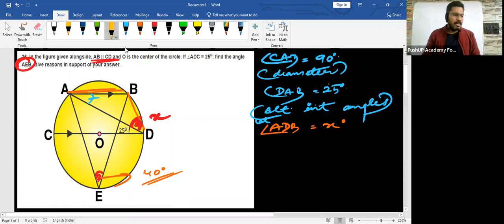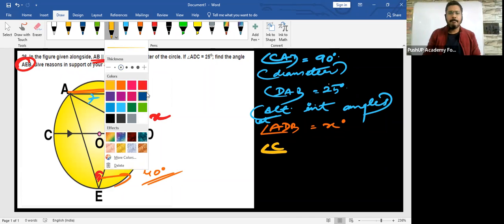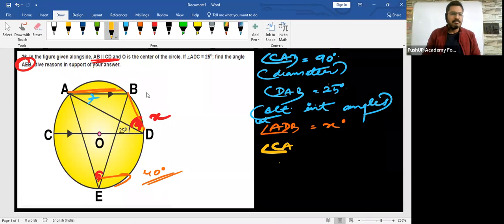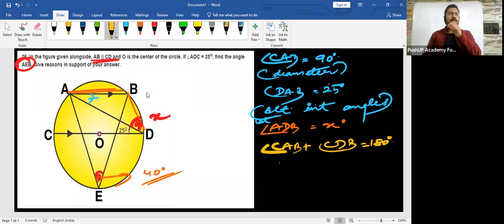Anyways. Now children, listen. You will write angle CAB plus angle CDB is equal to 180 degrees. You all remember what was the reason? The opposite angles in a cyclic quadrilateral are supplementary, isn't it?